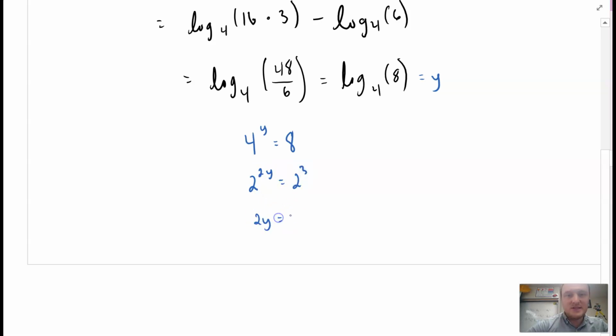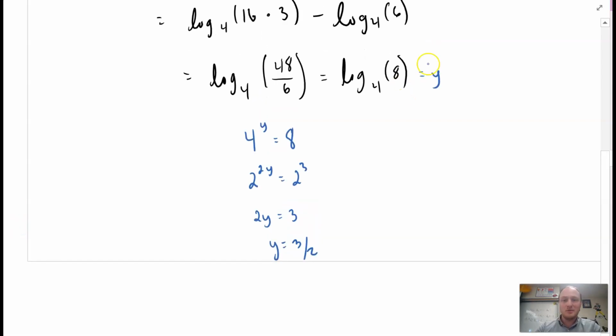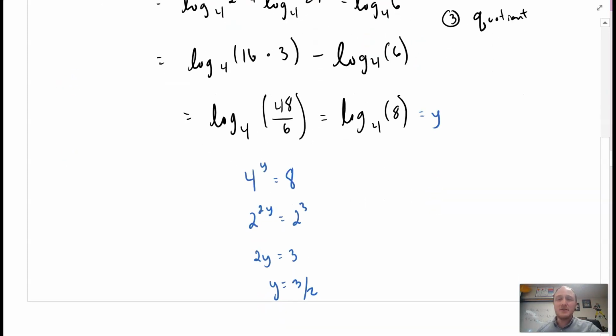Thus, 2y is equal to 3 by the exponential property of equality, and y is equal to 3/2. What does that mean? It means that this logarithm is 3/2. So all of this is equal to 3/2. There's your answer. Do we have to do that? Yes. If you can go ahead and solve it, then you're going to have to do that.